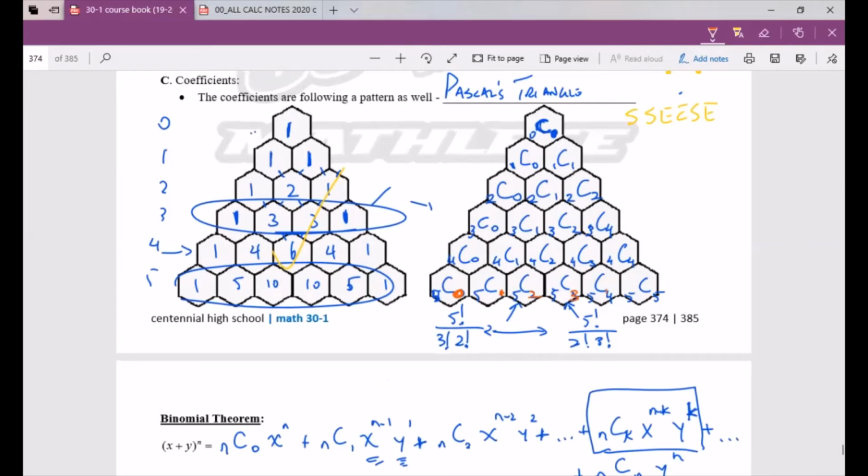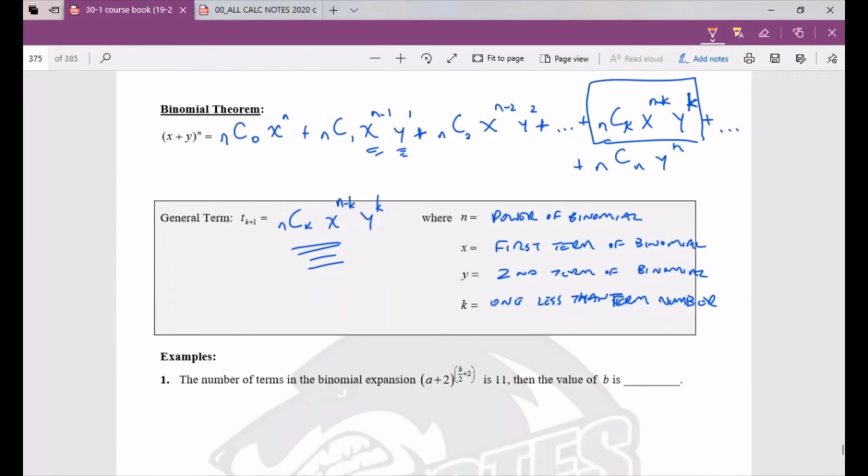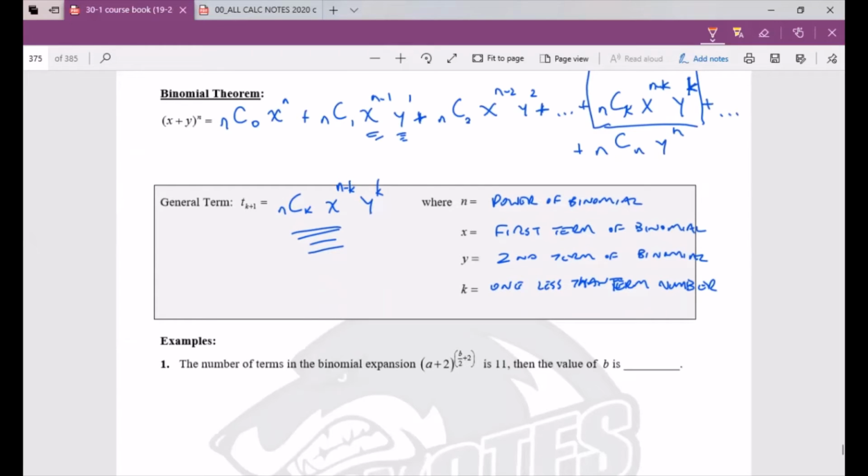K is just going up by 1 in each term. That's what k is representing, and it starts at 0. So k is 1 less than your term number. I.e., in your third term, k would be equal to 2. So that's kind of what it means by calling it T k plus 1.